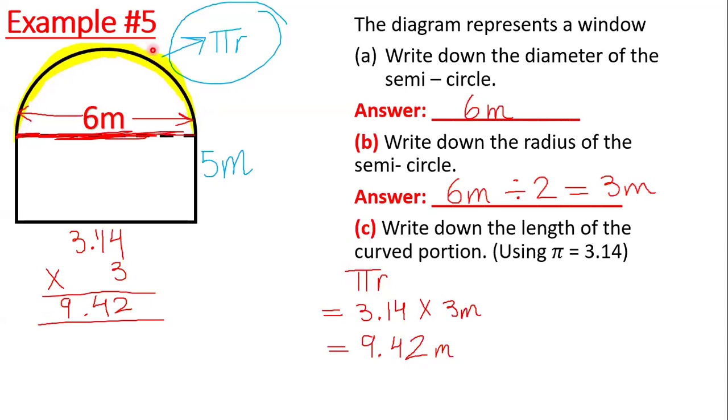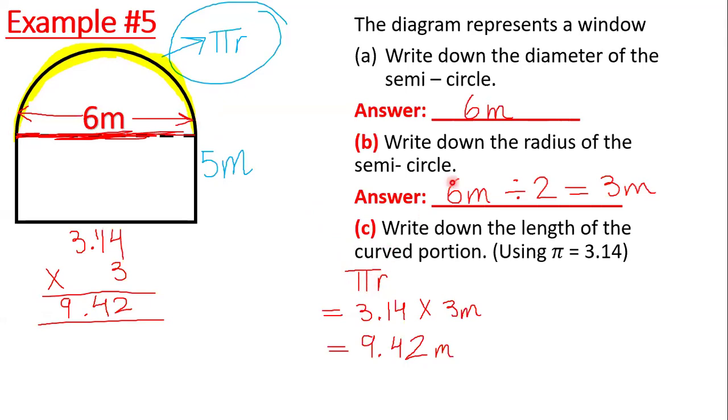So we don't have to do pi r plus 2r. That's only for when we're doing the length of the full semicircle. We just want pi r, which is just the length of the curved portion.